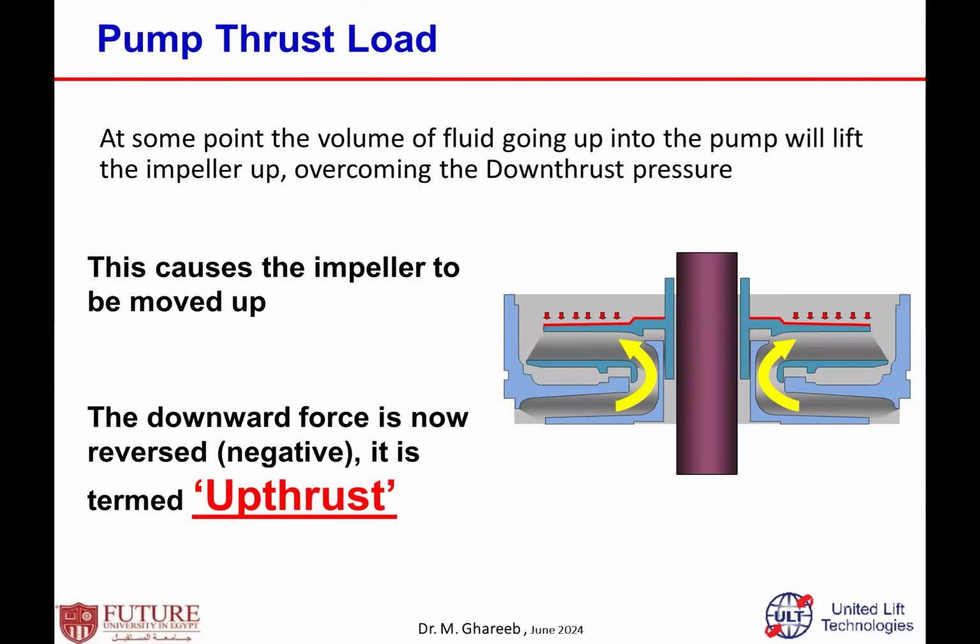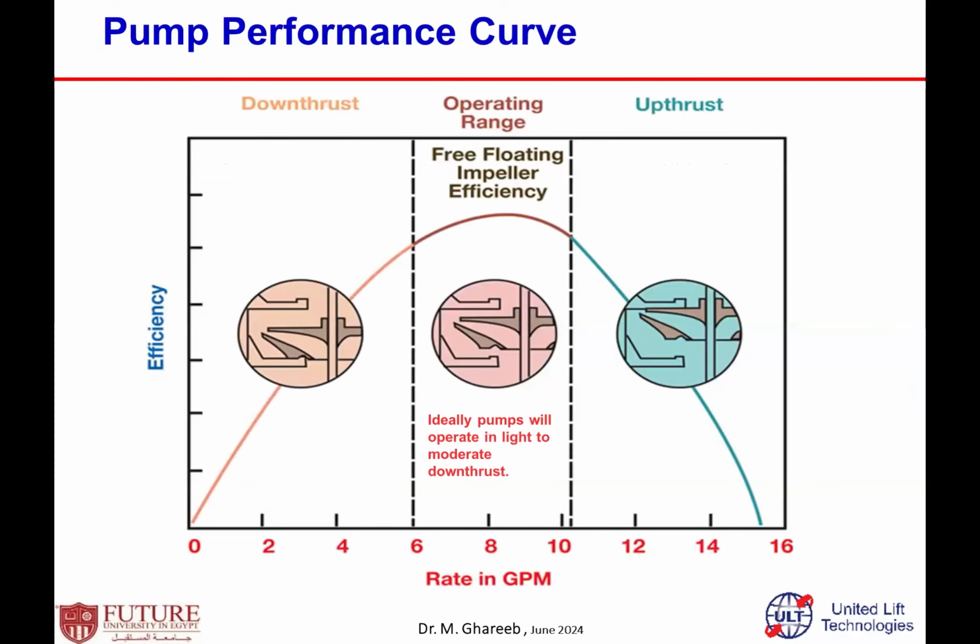For that reason, when we run the ESP, I have to run with no up thrust and no down thrust. The impeller and the diffuser should run floating between each other. Not up thrust, where the lower one contacts the upper one, and not down thrust, where the upper contacts the lower one. For that reason, on each ESP performance curve you will find in the middle a certain range called the recommended operating range for the ESP.